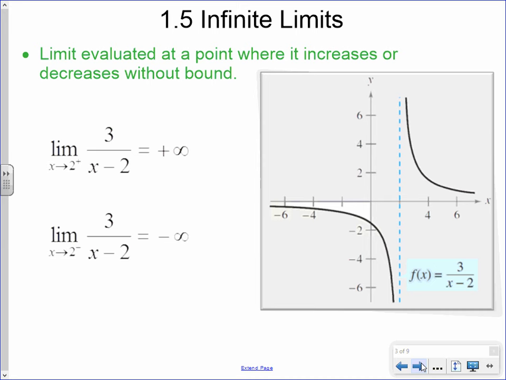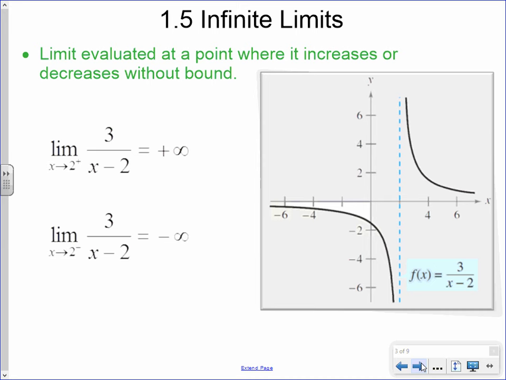So the function I have graphed up there is 3 over x minus 2. That is as simplified as that fraction can get. So we know that wherever the denominator is 0, we have a vertical asymptote. At this vertical asymptote, we have that unbounded behavior as we approach it. If we look at the limit as x approaches 2 from the right side, it increases without bound as we get closer to that asymptote.